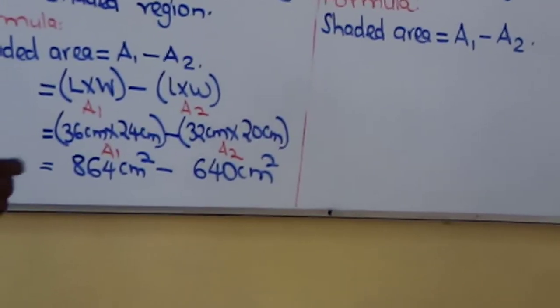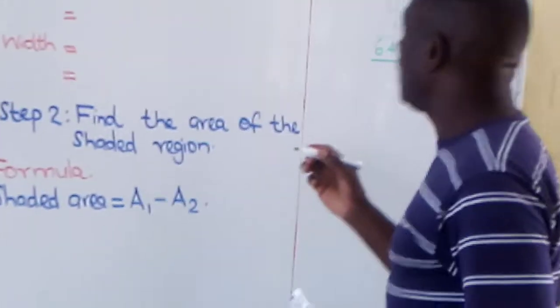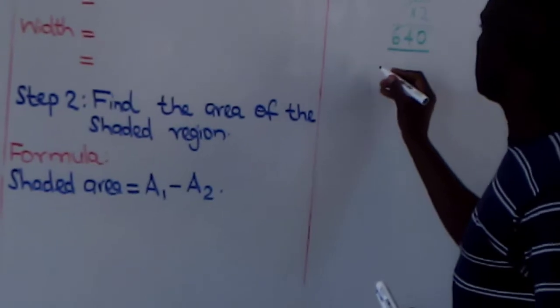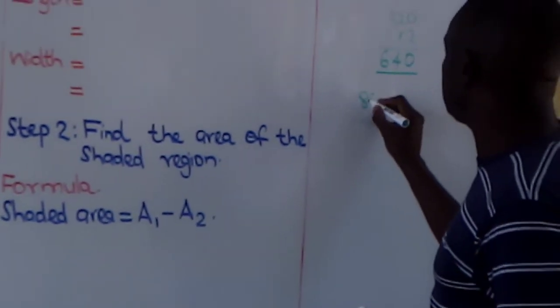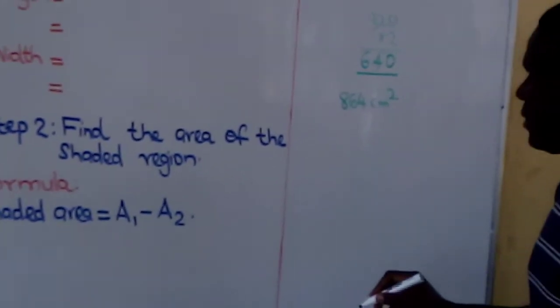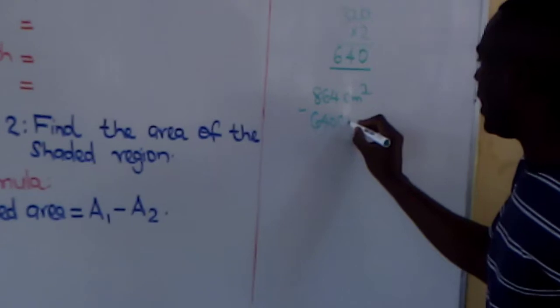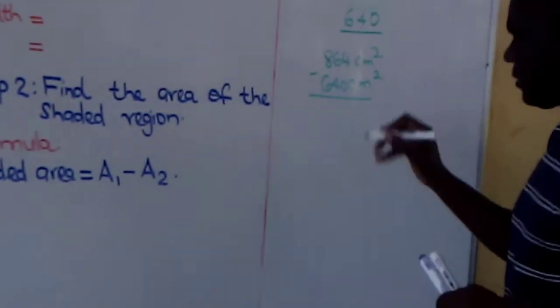So we subtract again from our rough list. We subtract 864 square centimeters minus 640 square centimeters.